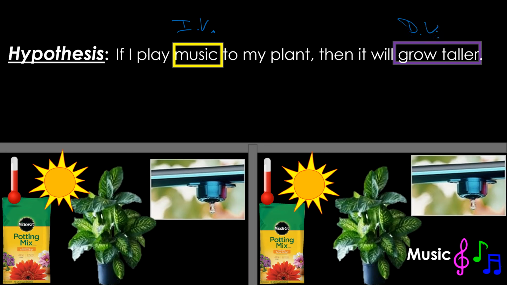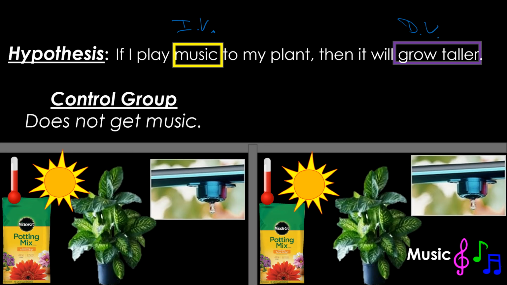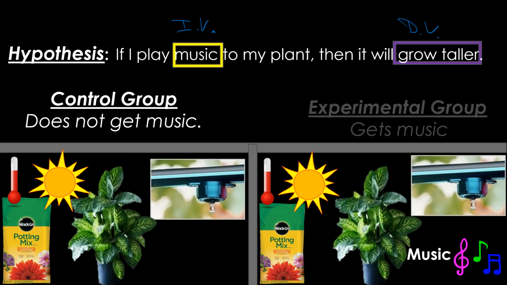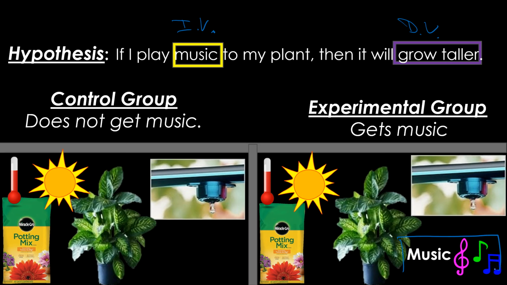Okay? Now, the control group does not get the independent variable, and it's used as the reference. The experimental group does get the independent variable. And again, I line these two up side by side. There should only be one difference between the two, and that one difference is the music.